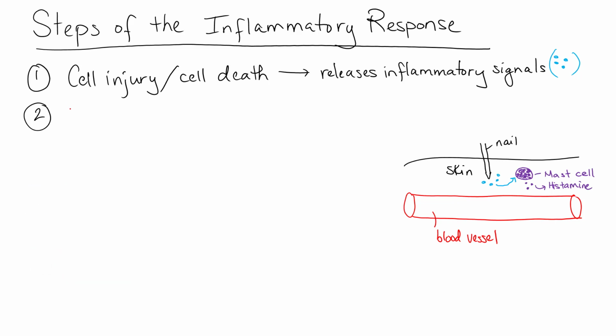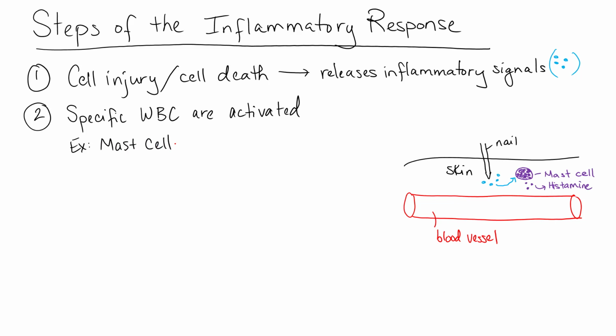So we'll say step 2 is that specific white blood cells get activated at this point. In this particular example, it's not always going to be the mast cell, okay? Just because the mast cell happens to be in the skin tissue, this works for this particular example.